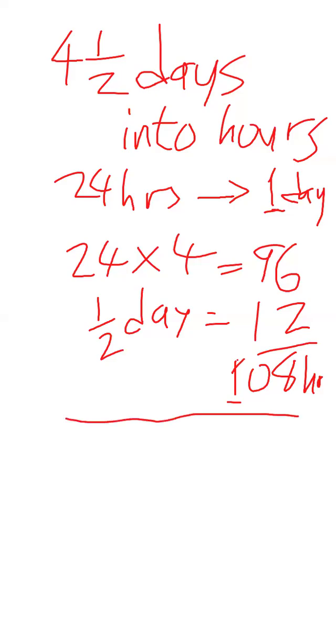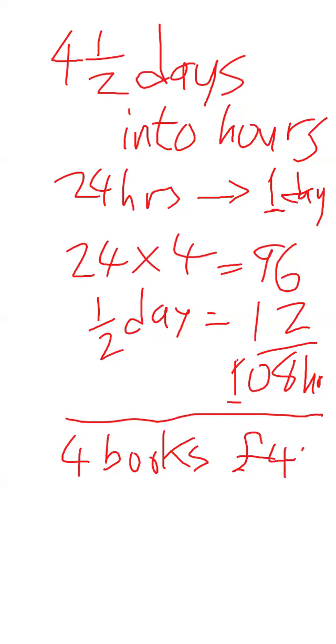Okay, so if I bought 4 books at the rate of £40 each. Okay, take notes. There's the word each there. Now, I sold them for £150.